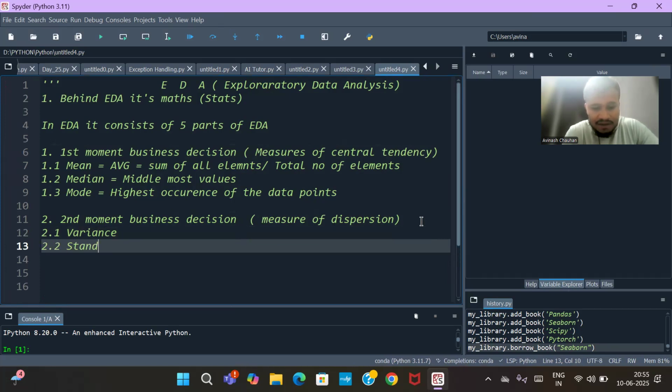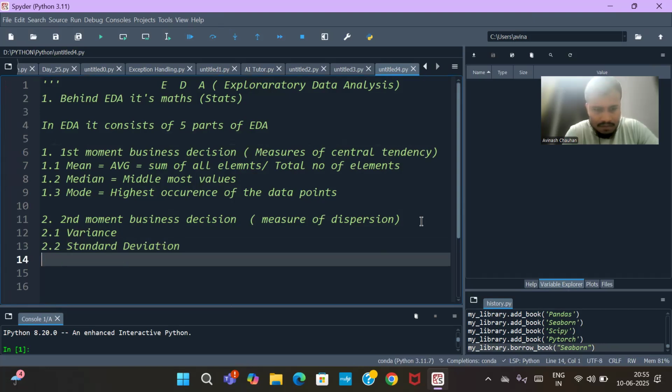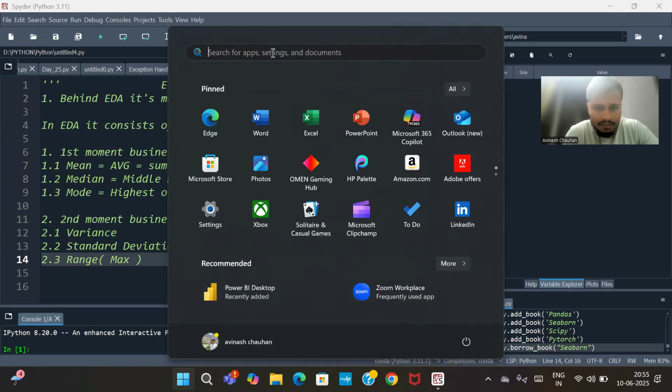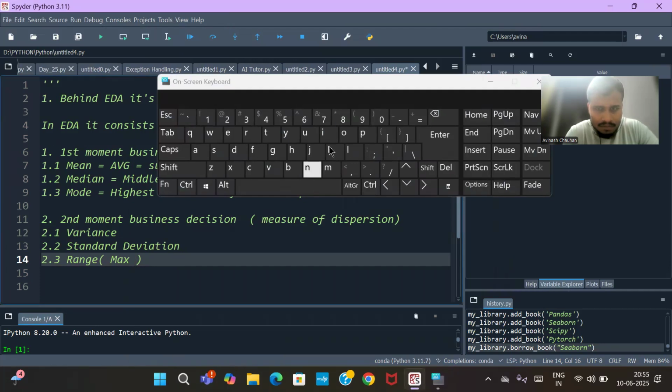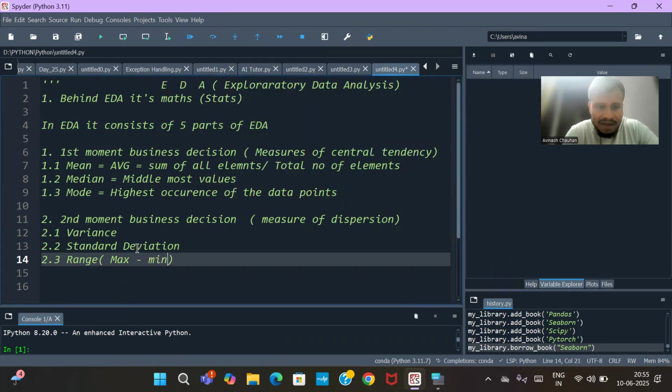Second is standard deviation. Third is range. And again, what is range? It is max minus min, which is called the range.